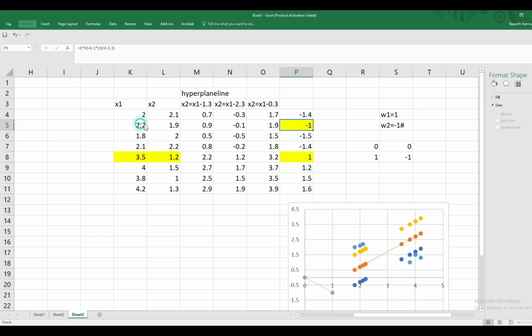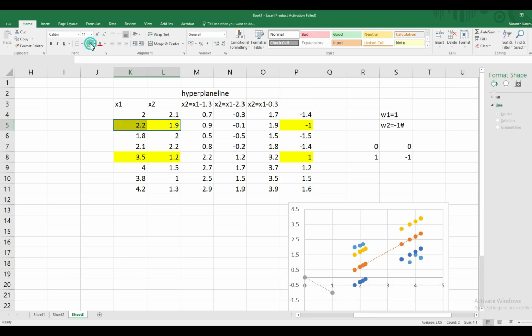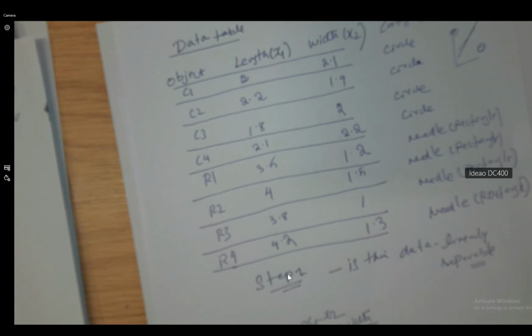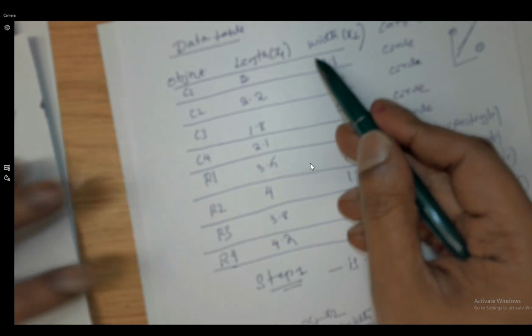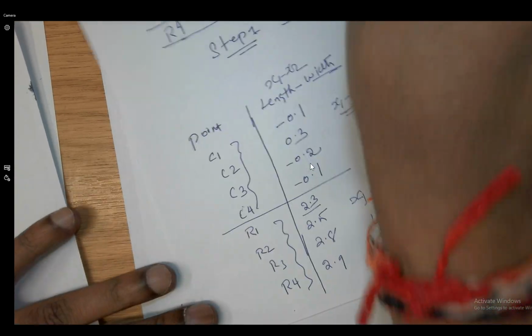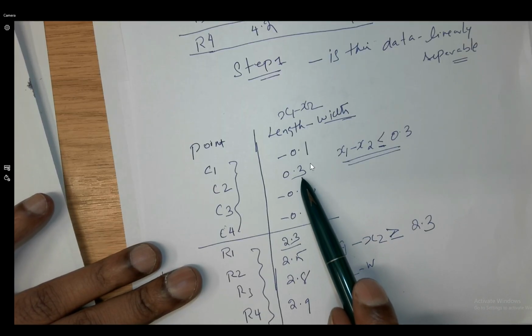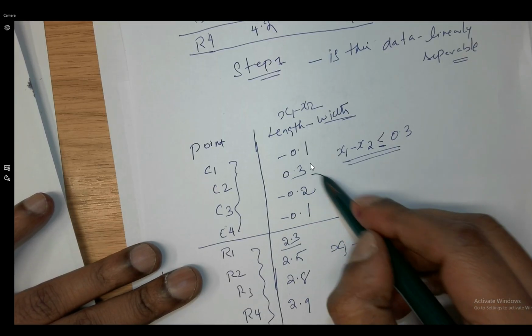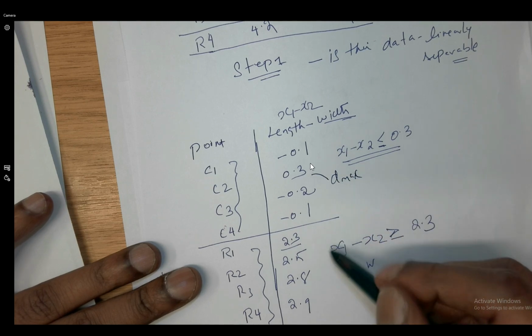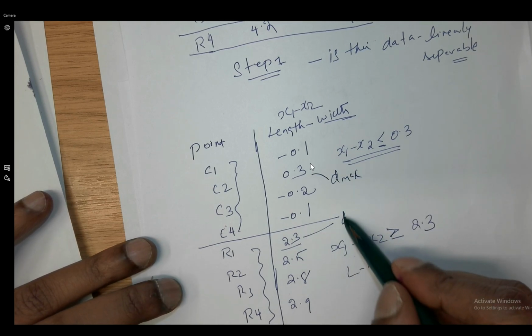So 2.2, 1.9. If you go back to the table that we calculated for length and width, this dictates our boundaries, which is d max, and then d minimum is 2.3.